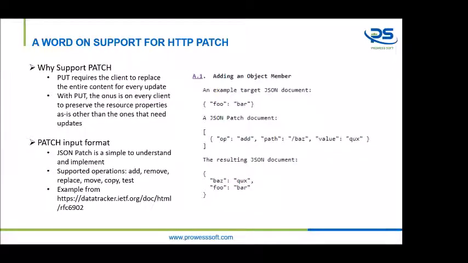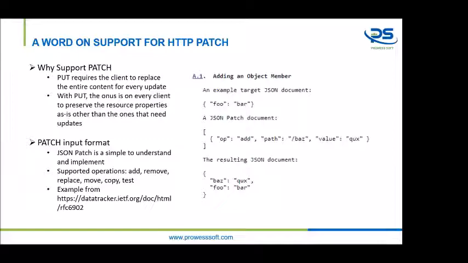Going forward, a quick word on HTTP patch. I won't spend too much time, but there is a consideration about HTTP patch. If you think that HTTP put can do everything that patch can do, you're right, but there is a catch. When you do HTTP put, the semantics is that it is going to replace the object that you currently have.